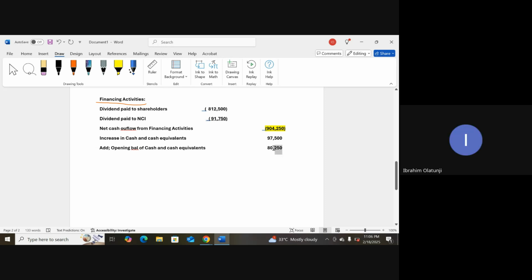When you add it, whatever you are going to get will be maybe 177,750. Cash and cash equivalent at the end.